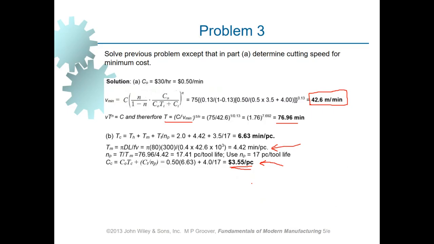Even a fraction of a cent makes a big difference. Now it is about, say, 20 cents or so, which is the difference. It's about 30 cents is the difference, and that makes a huge difference at the end of the year. So depending on our policy, we choose the right cutting speed, and it will affect everything.